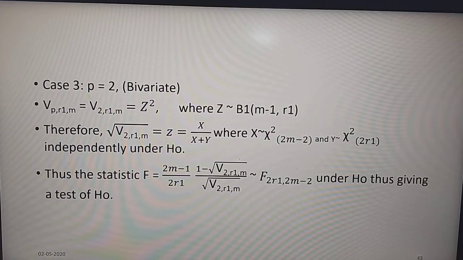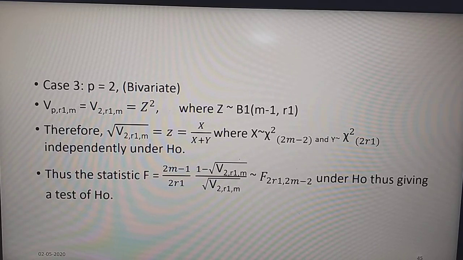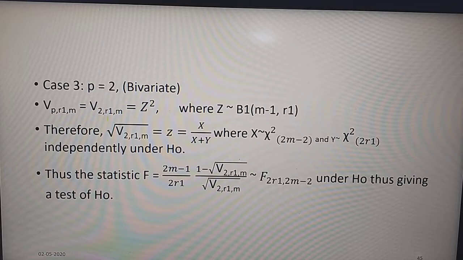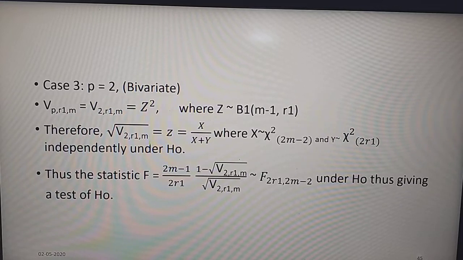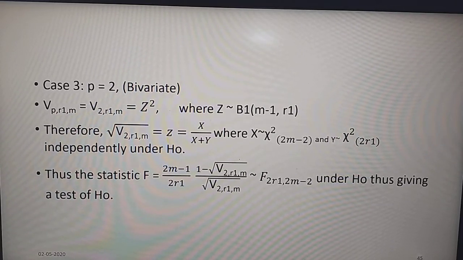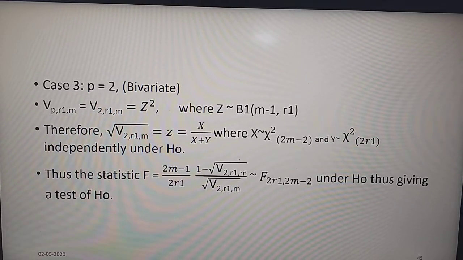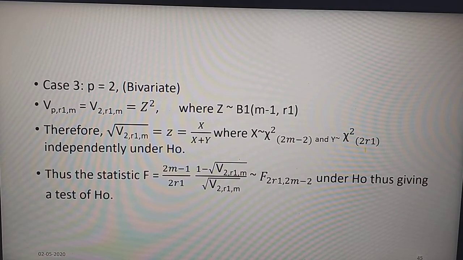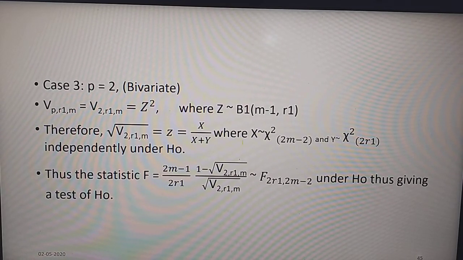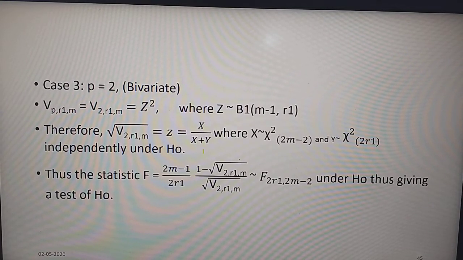In case 3, the bivariate case, p is equal to 2. So V(p, r1, m) will now be V(2, r1, m). This is equal to Z squared, where Z follows beta of the first kind with parameters m minus 1 and r1. Therefore, the square root of this, Z, is equal to X/(X plus Y), where X follows chi-square on twice (m minus 2) degrees of freedom, and Y follows chi-square on 2r1 degrees of freedom, independently under H0. So take the ratio of this and simplify.